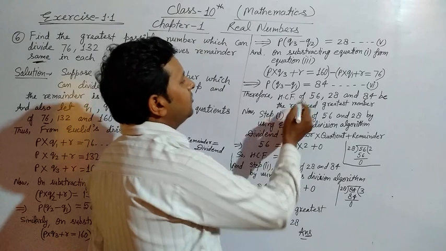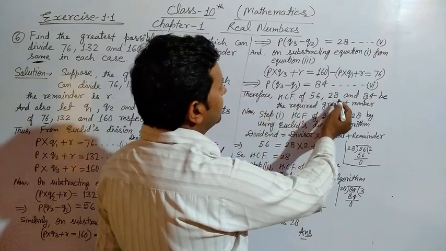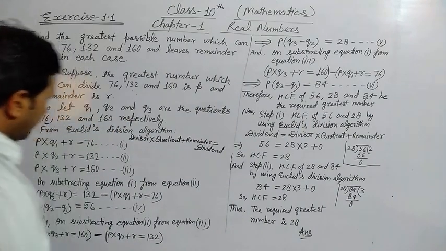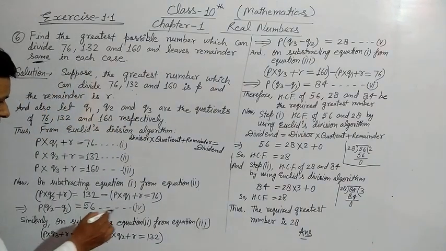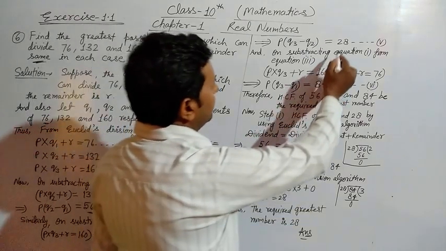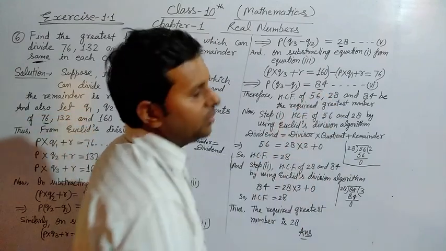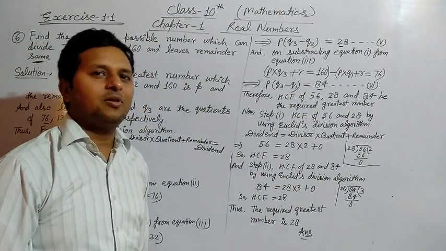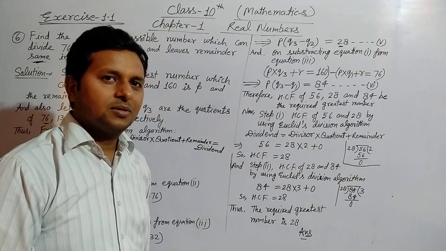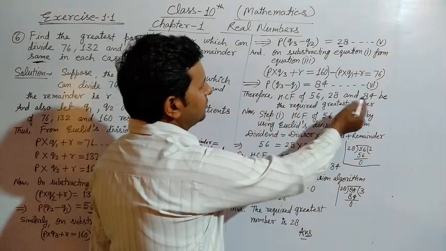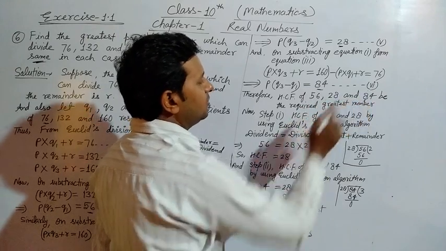Therefore, the HCF of 56, 28 and 84. We have achieved 56 from equation 4, 28 from equation 5 and 84 from equation 6. Now we have to get the HCF of these numbers. Here three numbers are given: 56, 28 and 84.